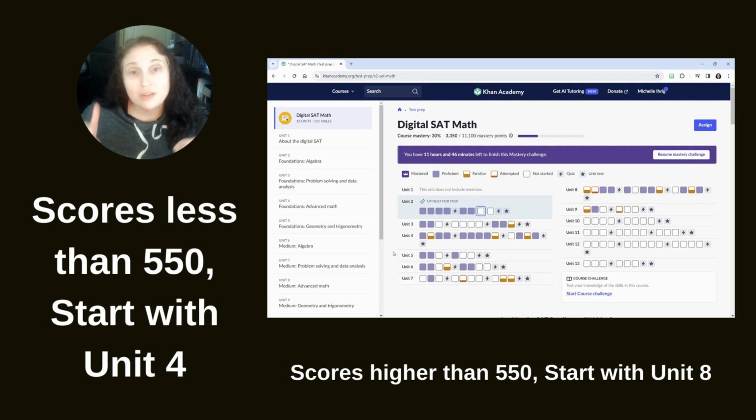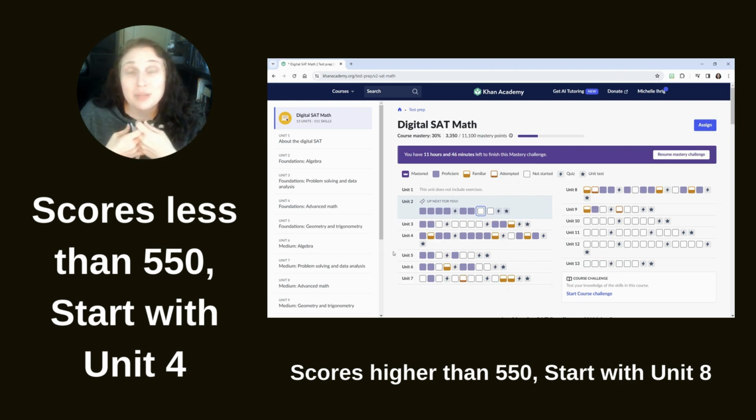Unit 4 and Unit 8, that's the advanced math section. Those techniques teach you Unit 2. So if you can master 4 and 8, you can master the techniques that you need to do with Unit 2. And those 2 units represent about 30 questions of your test.